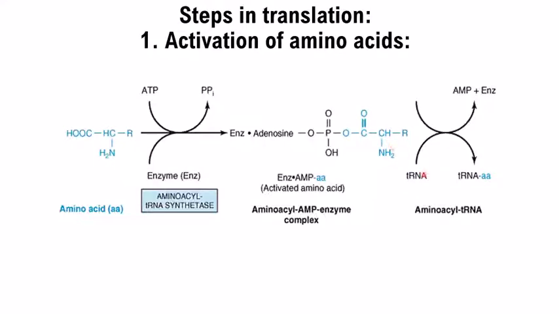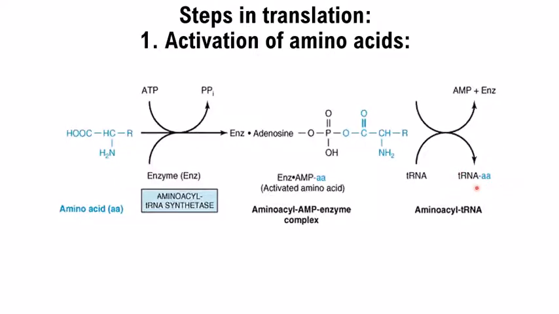To this tRNA molecule, this amino acid will be attached. And during that mechanism, the adenosine monophosphate within the complex is released along with the enzyme. So these two components will be separated. So AMP and enzyme will get separated and only the amino acid will be attached to the tRNA molecule.